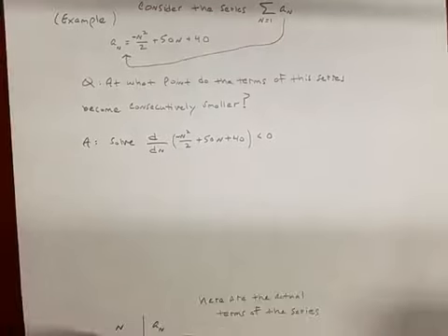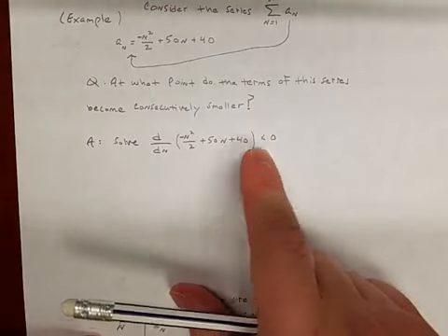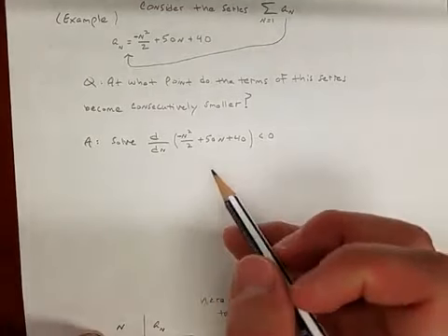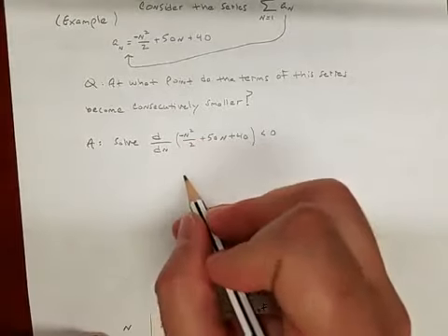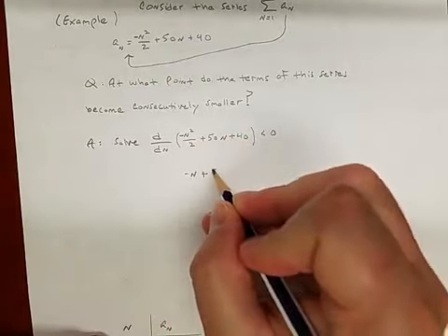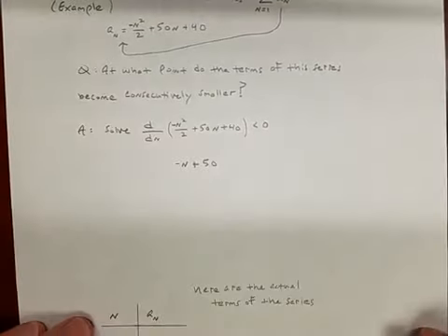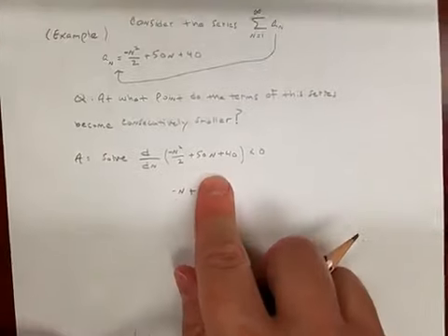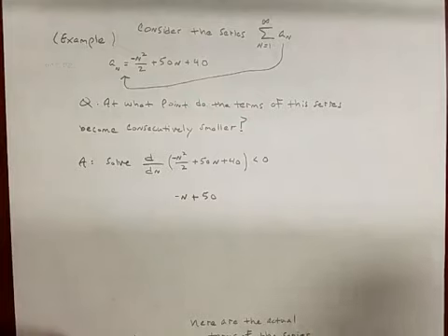So how would you do that? Let's start by finding the derivative. The derivative of this is negative n plus 50 plus 0.